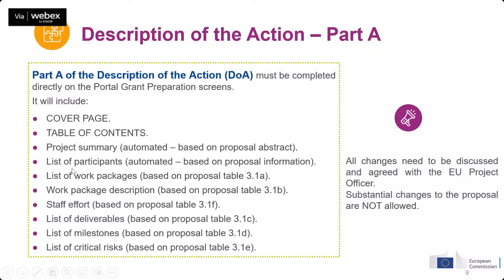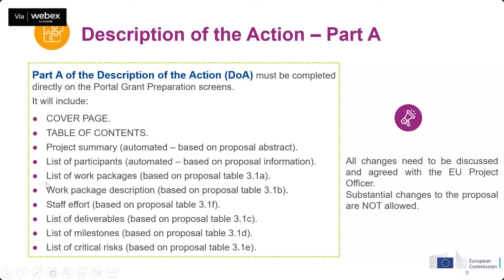Then it will also include a list of participants, which is automated. It's based on proposal information. So if for whatever reason you are changing participants during the grant agreement preparation, of course, you need to discuss this with the project officer, but then you can do so in the tool, and the document will be updated automatically.